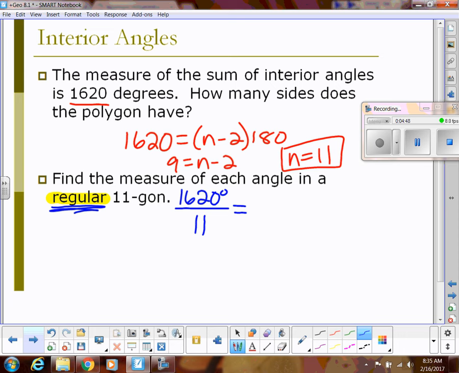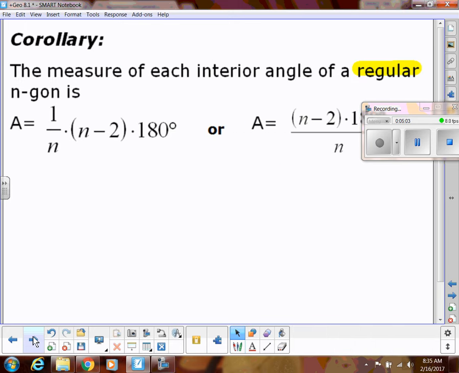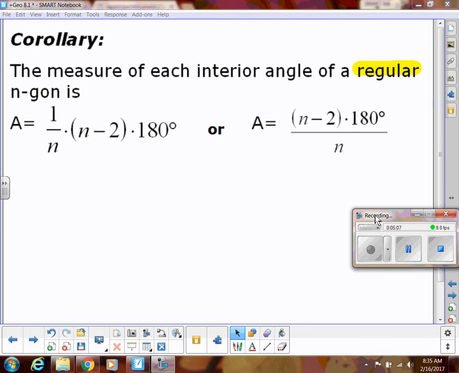So I'm going to do 1620 divided by 11, and that's going to give me 147.27 repeating. So that's the degree measure of each angle in an 11-gon. So your corollary is, if you know the degrees of the interior angles, you can just divide by the number of sides, and that'll be what each angle measure is.